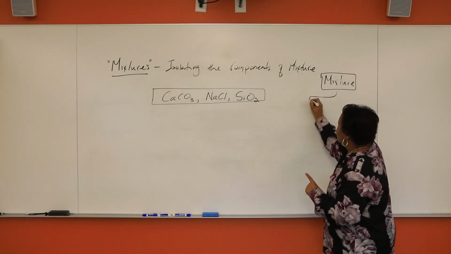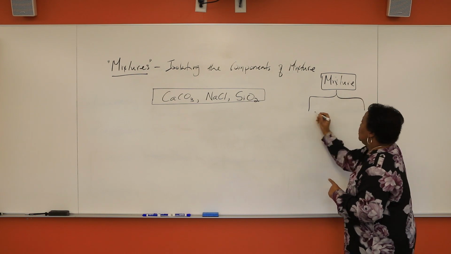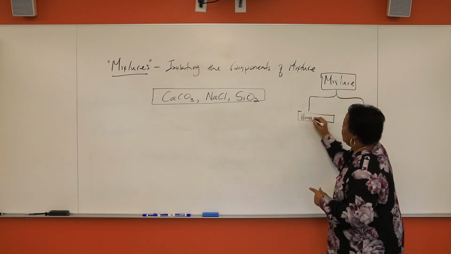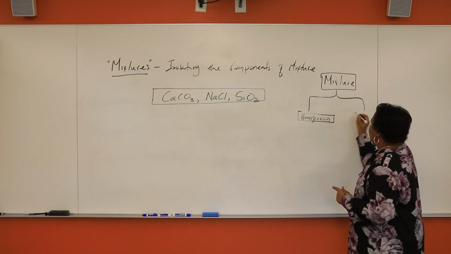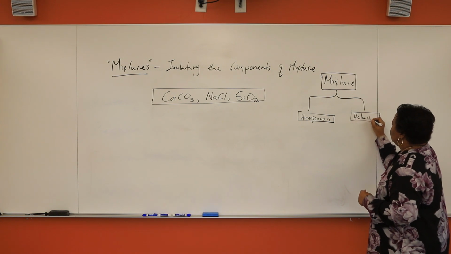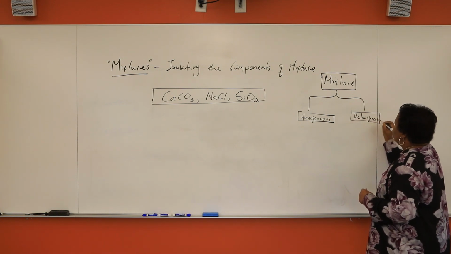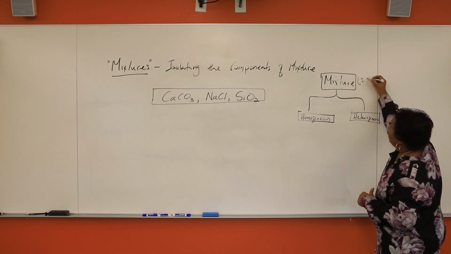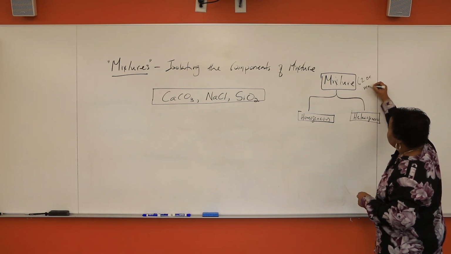We noted that our mixtures, hopefully you recall this information, are either homogeneous or heterogeneous. What do I mean by this? Do not forget that your mixtures always contain two or more substances.